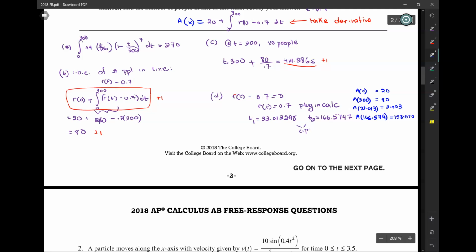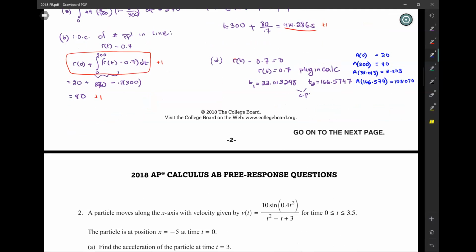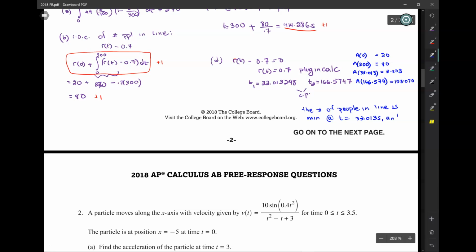So now you say the number of people in line is minimum at t equals 33.013 seconds, and there are, round and just say, 4 people in line.